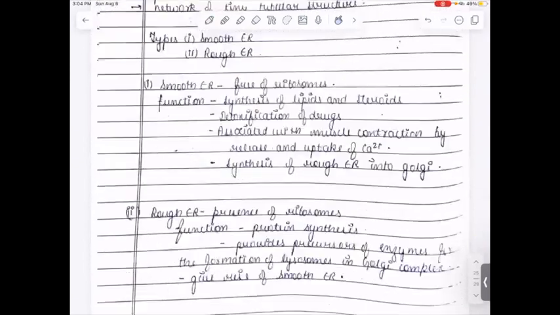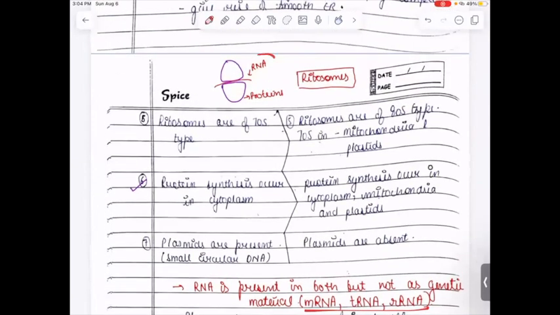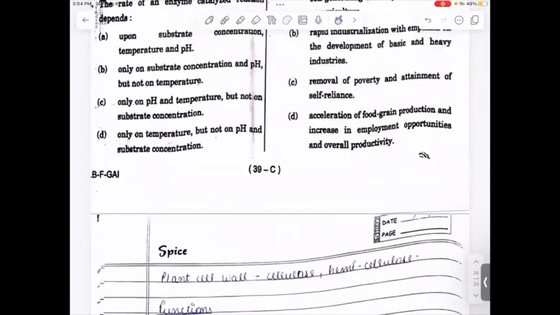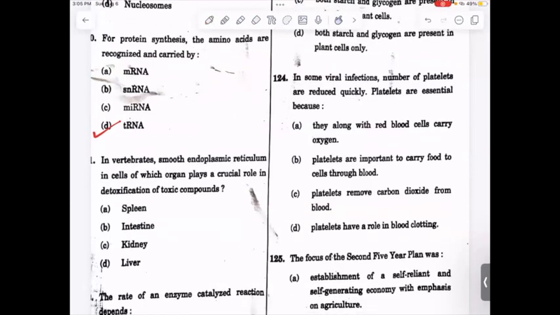There are 3 types of RNA present: mRNA, tRNA, and rRNA. Sorry, the question is related to which of the following carries them. They are carried by tRNA, transfer RNA, which brings those. Otherwise the message, the information, mRNA has the information.